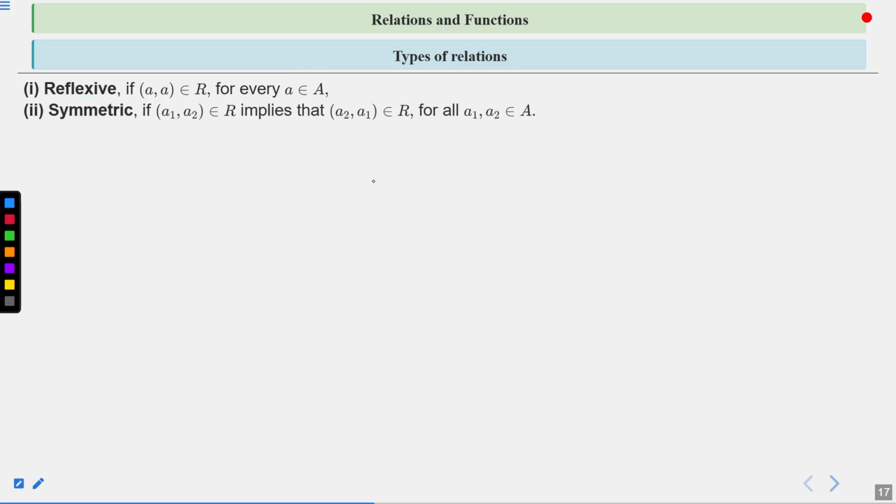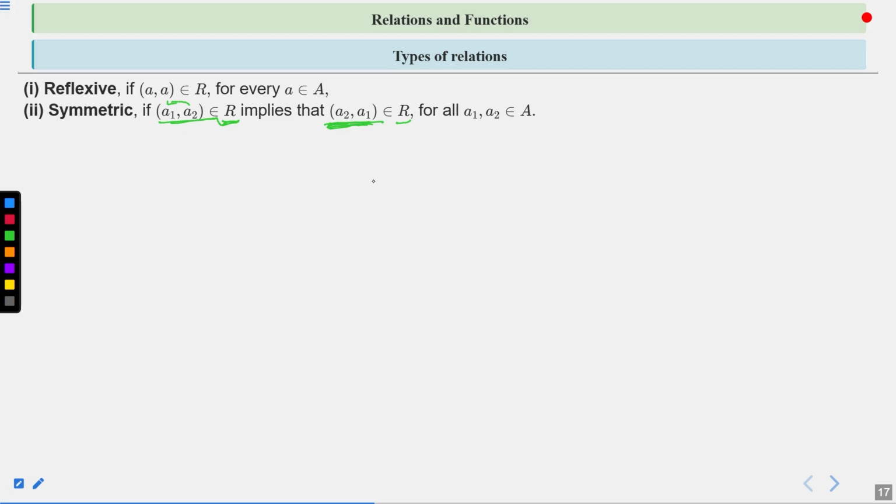Symmetric. If the pair A1 comma A2 belongs to the relation R, then we verify that if you reverse the order, like this, A2 comma A1, this pair also belongs to R. If this happens for every pair A1 comma A2 belonging to R, then you say that your relation is symmetric.